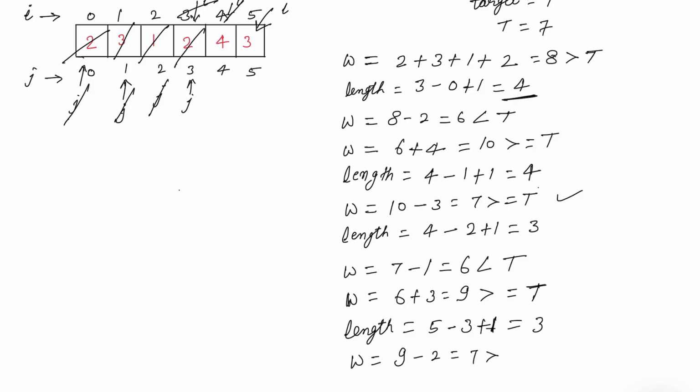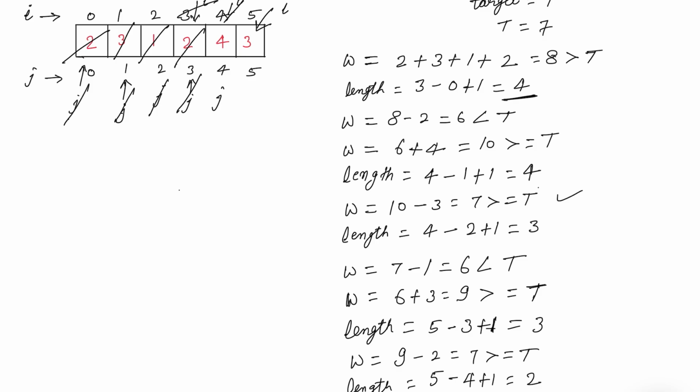This is greater than or equal to target. And now its length is, as we can see, j will point here, 2 only. 5 minus 4 plus 1 equal to 2. So now length has been decreased. So its minimum length now will be 2.